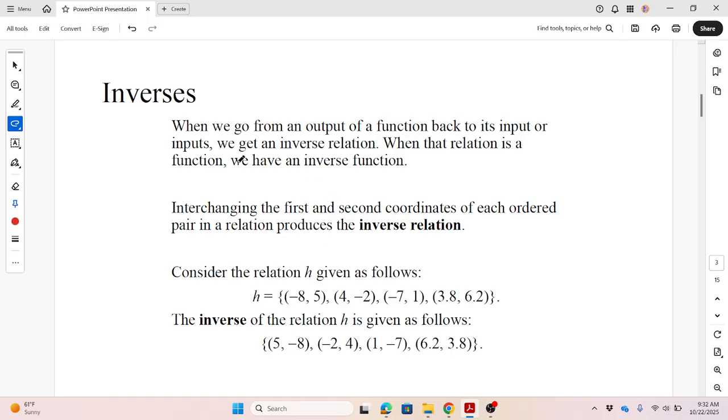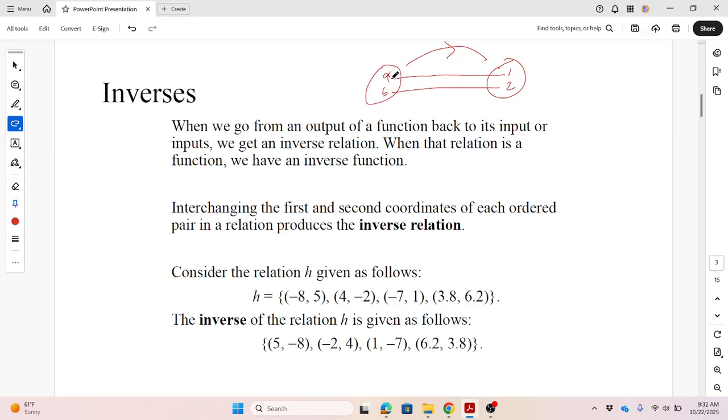So first of all, inverse means reverse. Let's say you have a function. It's a function or a relation. It doesn't matter actually. So if you have a relation or a function, it's going from A to 1 and B to 2, for example. This is just an example, okay?